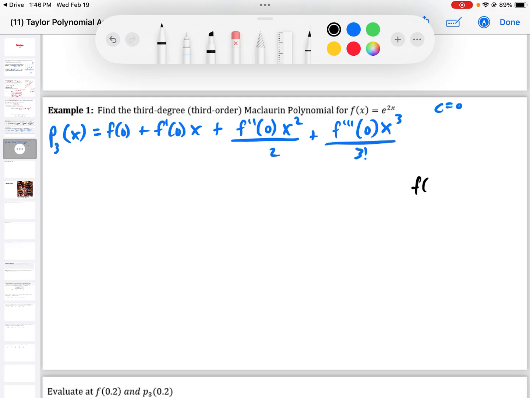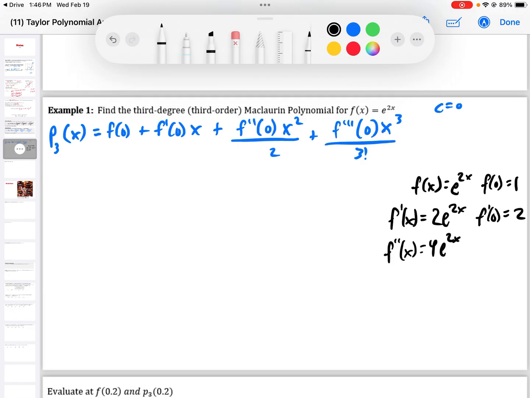So I'm going to go off to the side, and I'm going to write, okay, f of x is equal to e to the 2x. So f of 0 is equal to e to the power of 0, which is 1. f prime of x is equal to e to the 2x times 2. So f prime of 0 is equal to 2.